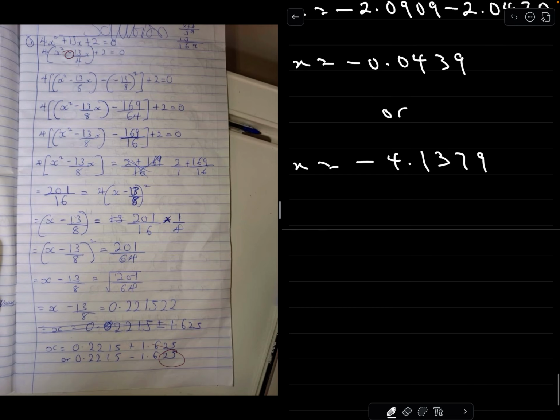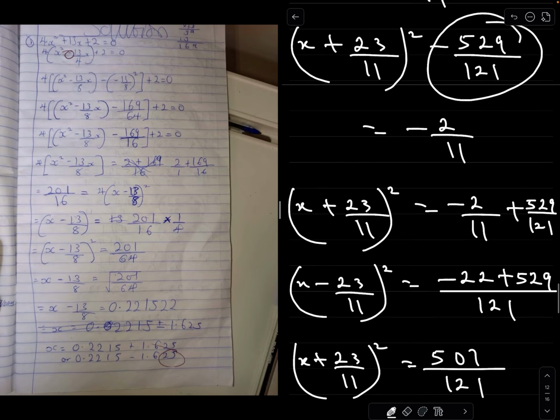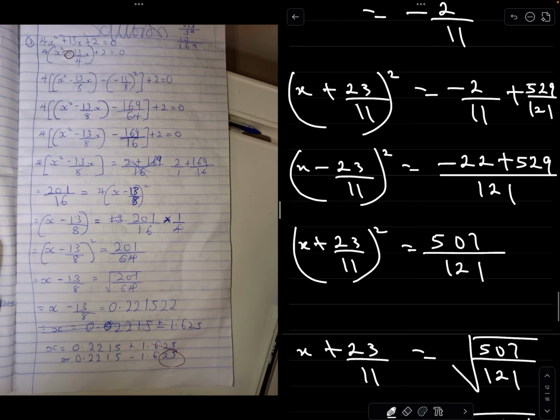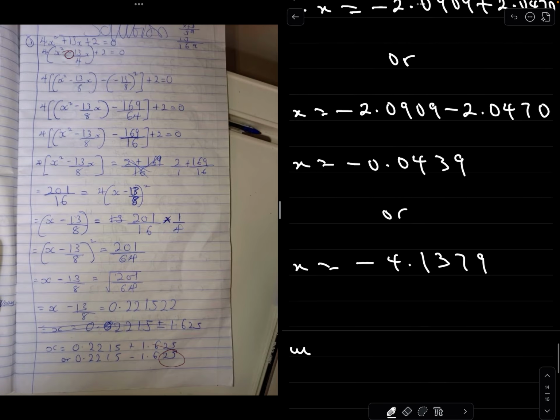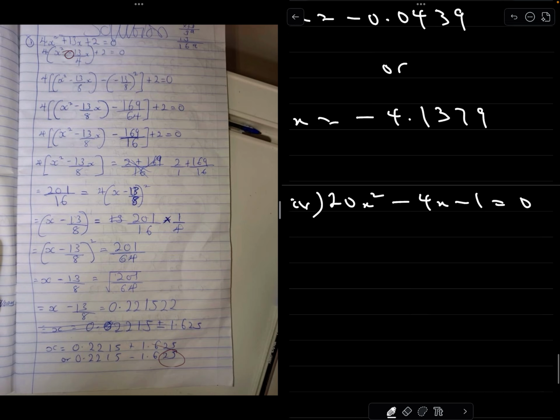So you should try this yourself, which is Roman figure... let's see, we just did Roman figure 3. Yes, we just did Roman figure 3. So you should be able to do this yourself. Try Roman figure 4, which is 20x squared minus 4x minus 1 equals 0.